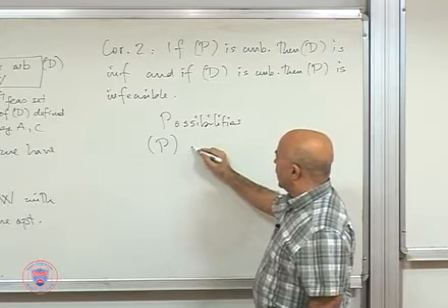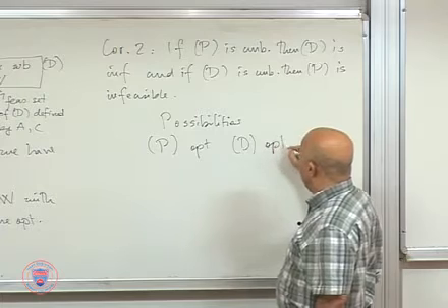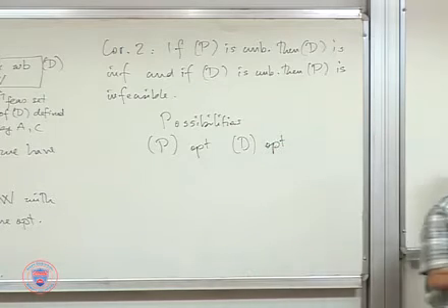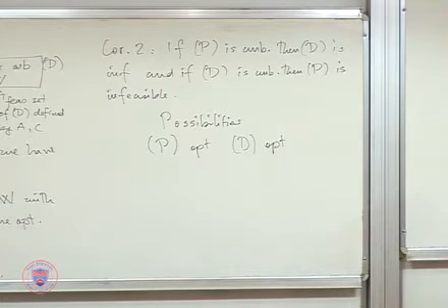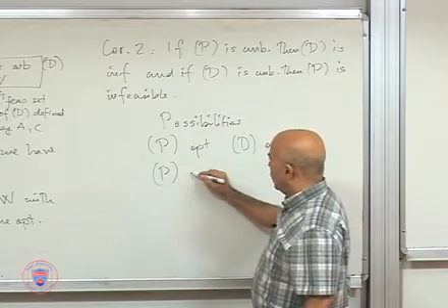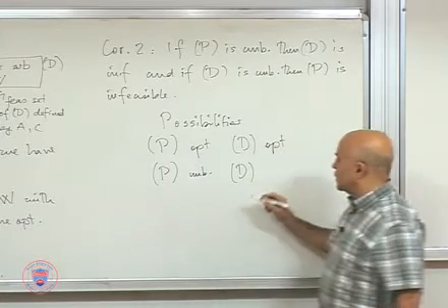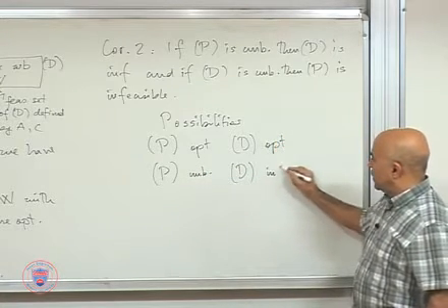It is possible that P is optimal and D is optimal, meaning that they both admit an optimal solution. Actually, it will be the case that if one has an optimal solution, then the other one must also have an optimal solution. That's the strong duality theorem. The other possibility is that P could be unbounded, and in that case, D is infeasible.